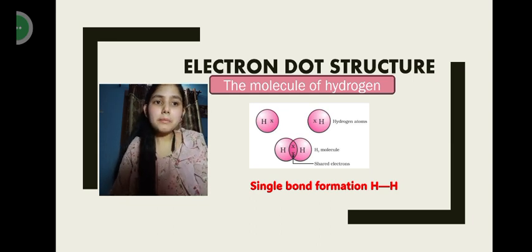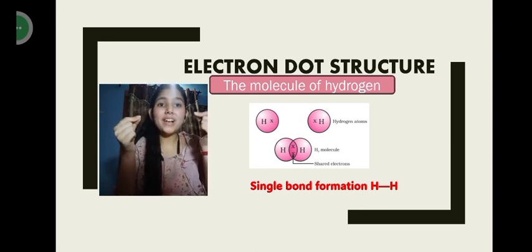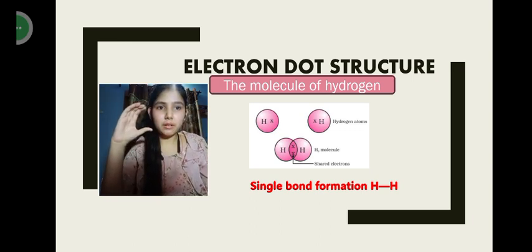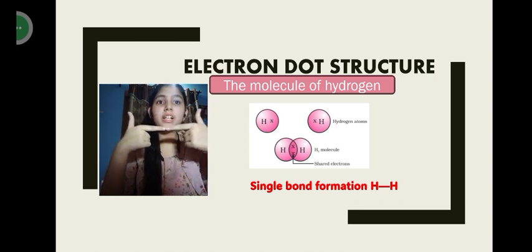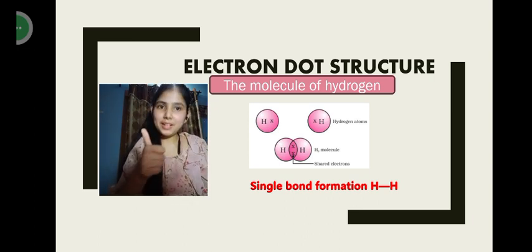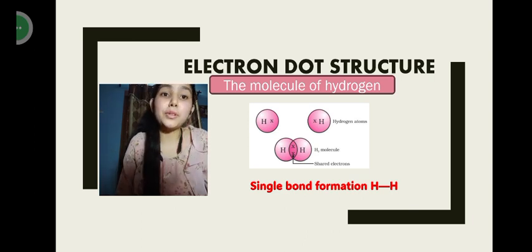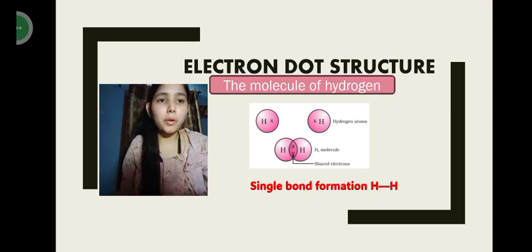Why single bond? Single bond means one pair of electrons, hence bond, right? Hydrogen one electron bond. Okay, clear. If you haven't understood yet, we have so many examples of that, so nothing to worry about.